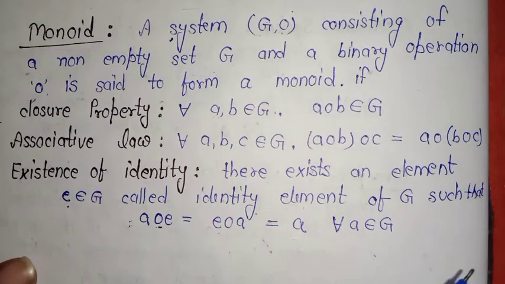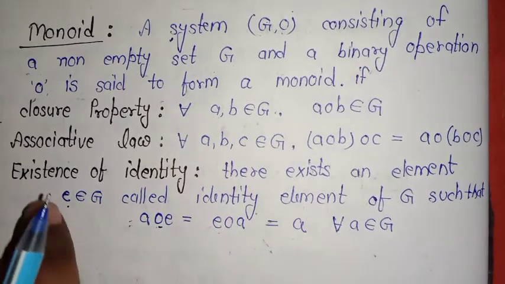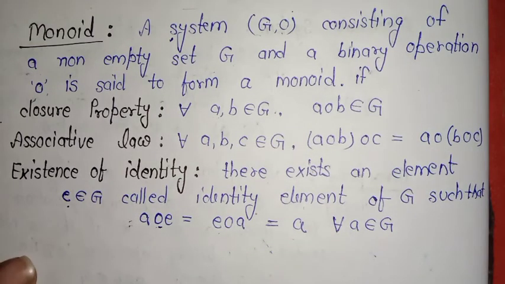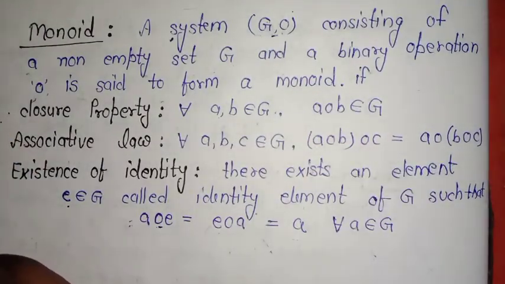In each set there must exist an element of this form, such that if you apply it with any element, you will always get the same element. And if a system satisfies these three properties, then that system is called a monoid.